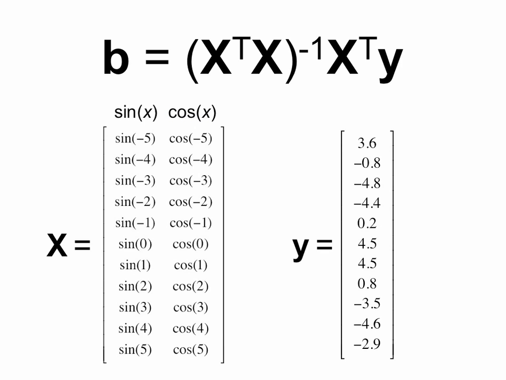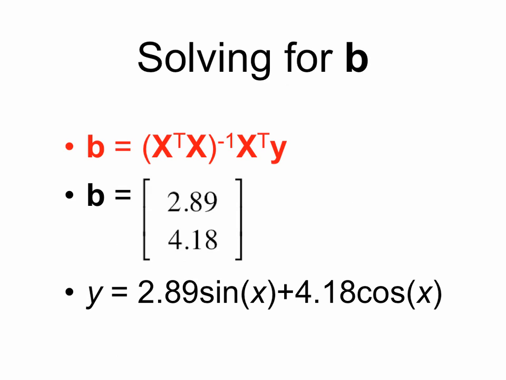And y, again, is just simply our y data from the xy data that we had originally. And so now if we plug in our linear regression formula, we get b equals 2.89 and 4.18. So 2.89 corresponds to the coefficient for the sine x term, and 4.18 corresponds to the coefficient of the cosine x term. So here's our linear regression fit for our xy data.